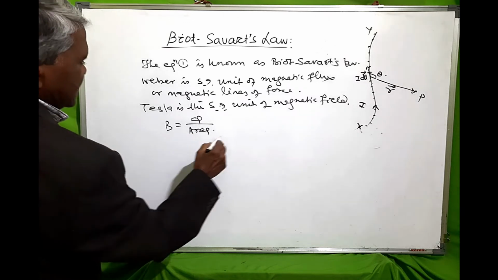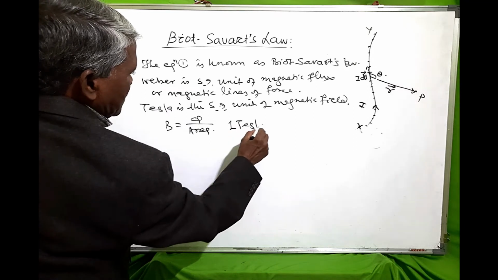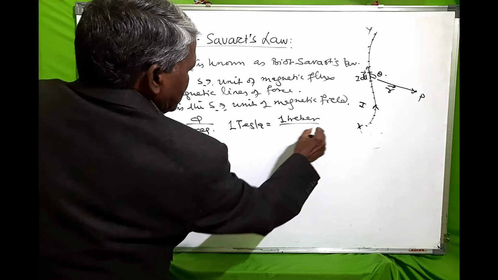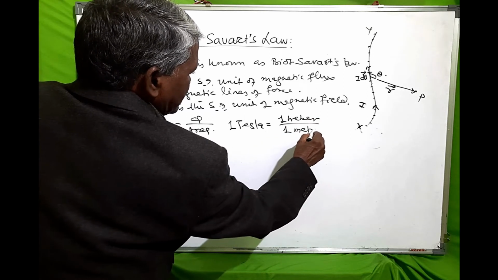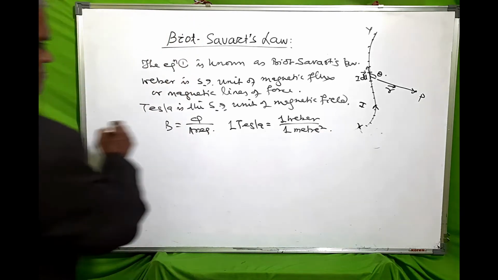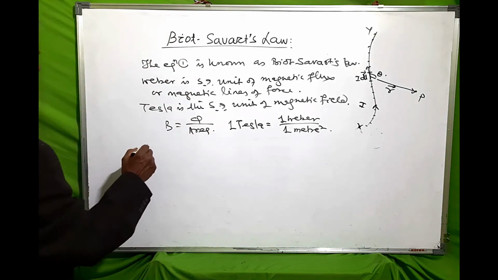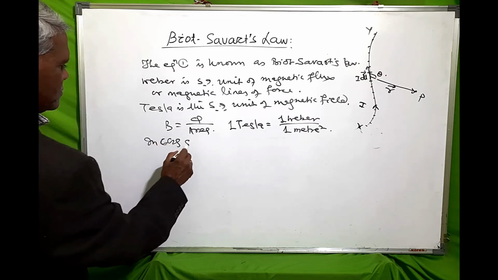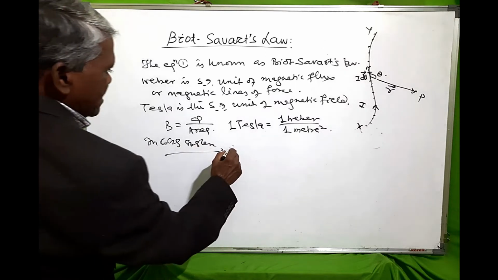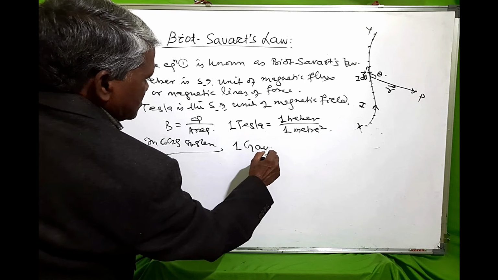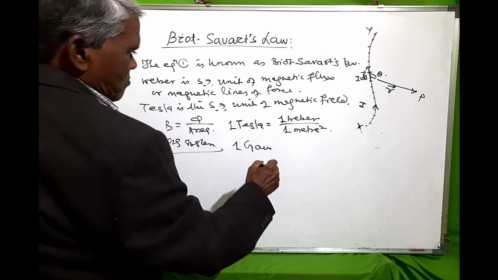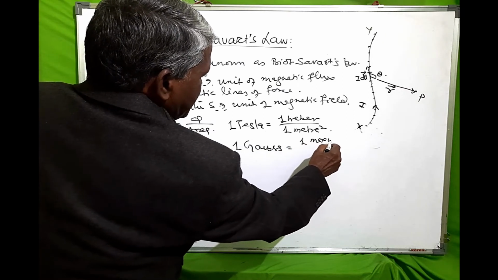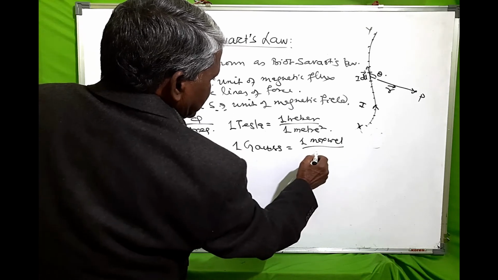That is, 1 Tesla is equal to 1 Weber per 1 meter square. Similarly, in CGS system, magnetic field is Gauss, which is Maxwell per centimeter square.